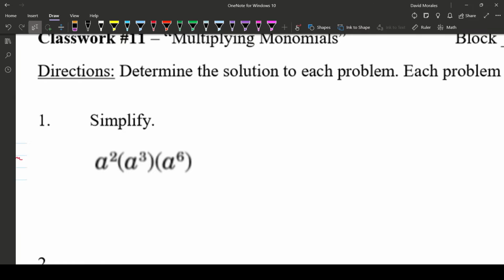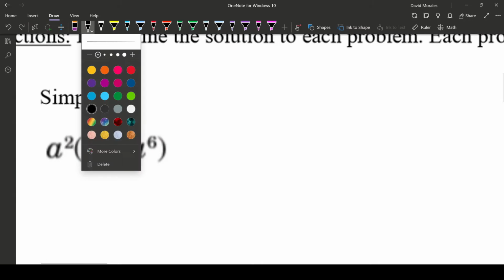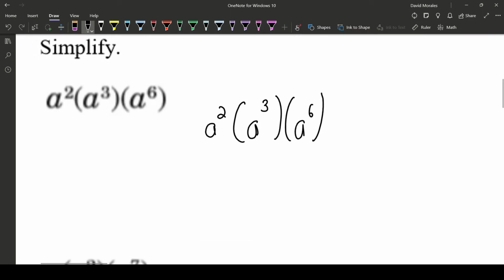Okay. So we're looking at a problem right here, and we have a to the second times a to the third times a to the sixth. Really, what is a to the second plus 3 plus 6?